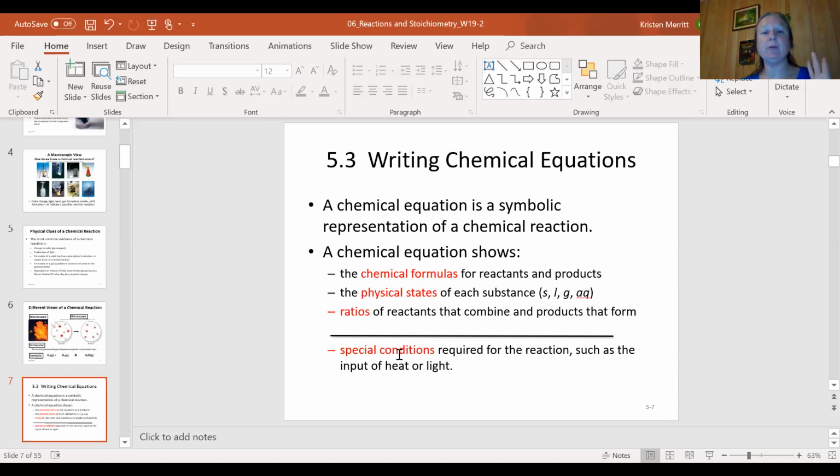Sometimes we put the special conditions in. So if you did a reverse of that reaction and you split the water, you would require energy.